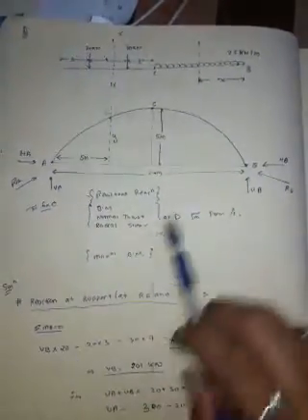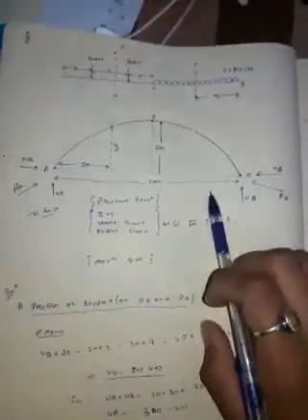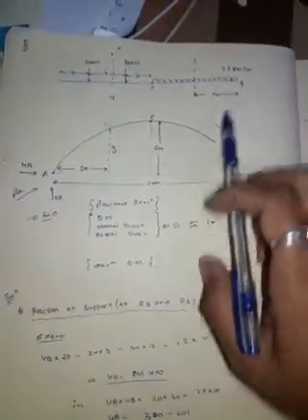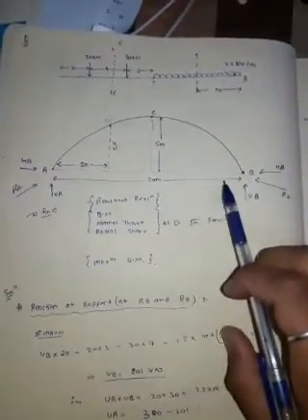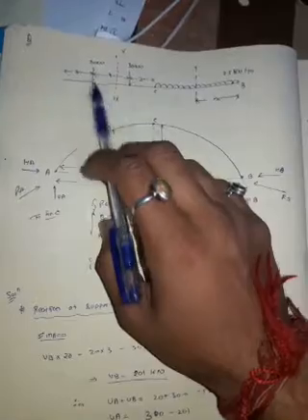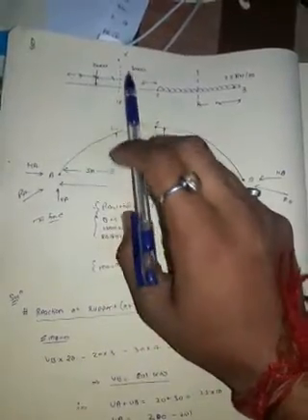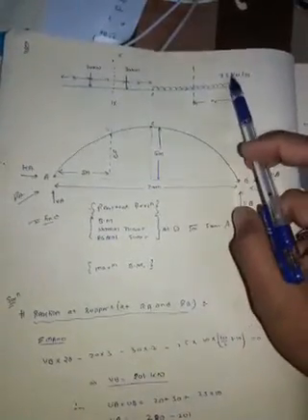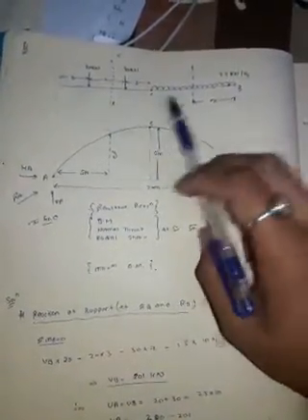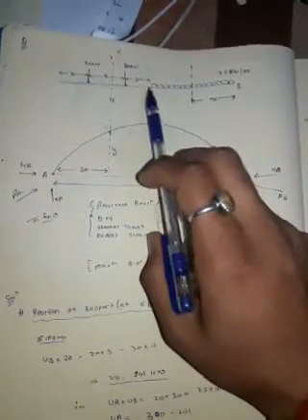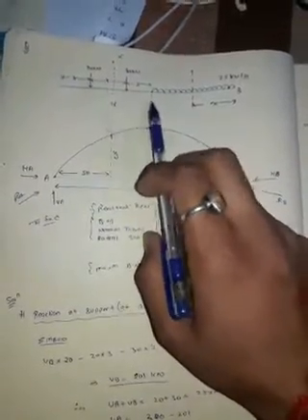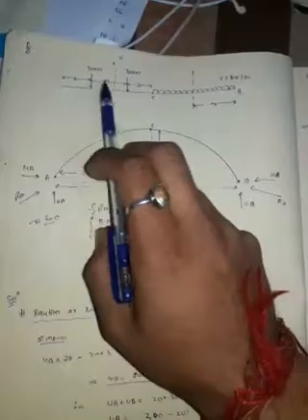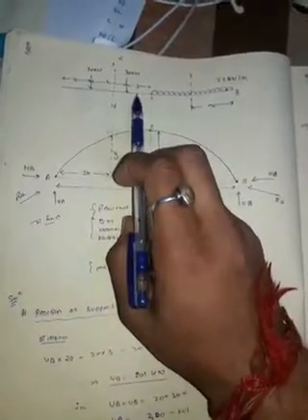So VB multiplied by this whole distance 20, minus this vertical load 20 multiplied by 3, minus 30 multiplied by 3 plus 4, that is 7, and minus, for the UDL, 25 multiplied by 10 in the bracket, half of the distance, 10 by 2, plus the remaining distance, that is 4 plus 3 plus 3, that is 10.